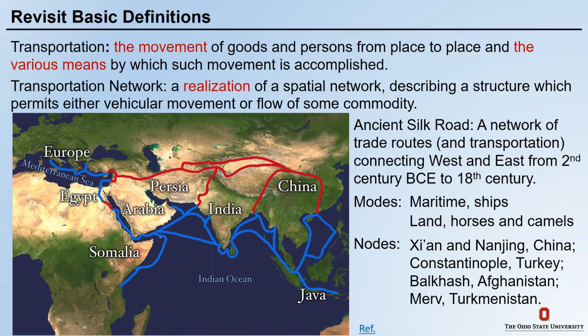So I just want to use this very famous and well-known ancient transportation network to give you a review of the concept of a transportation network. And it was a big one. You would ask, how was the security system of this ancient, powerful, huge transportation network? I would say, I'm not sure. I'm not a historian, but I would say that different countries were responsible for their own regions in this transportation system.